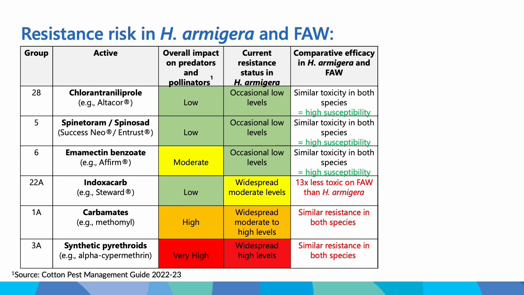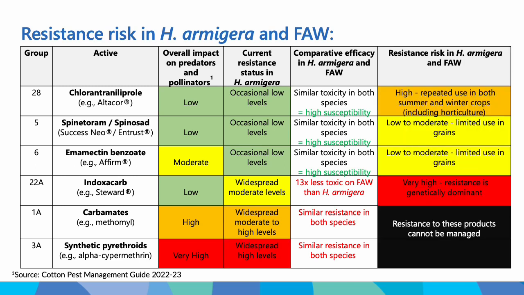And it's not really clear why there is this higher level of insensitivity in fall armyworm, and it may just be an inherent level of intolerance rather than it being the result of selection pressure from indoxacarb. And as you might expect, we found high levels of resistance to carbamates and SPs in fall armyworm, very similar to what we see in armigera. So then what does all this mean in terms of ongoing resistance risk for armigera and fall armyworm?